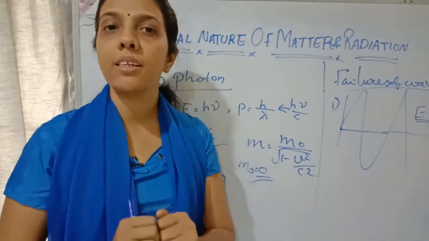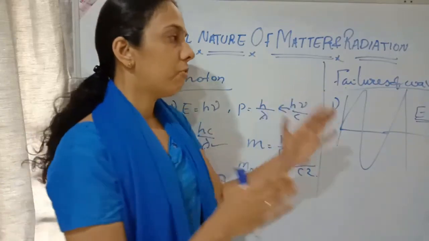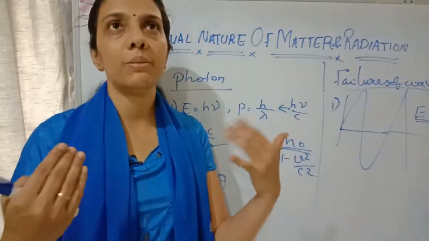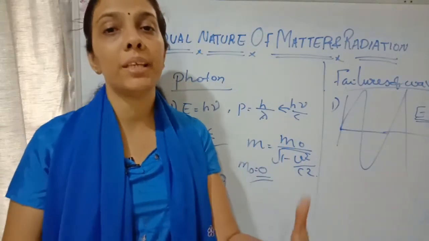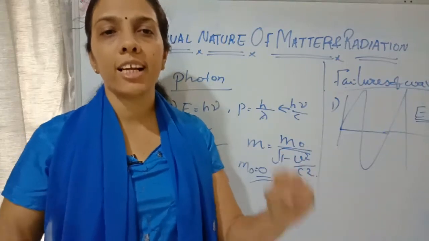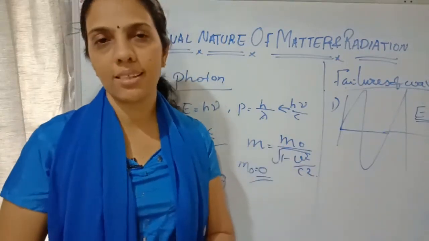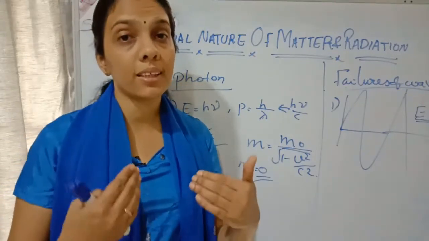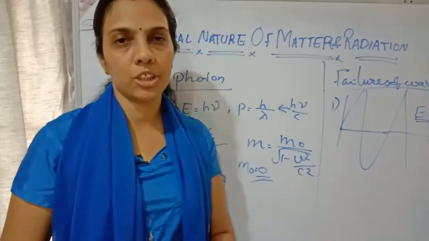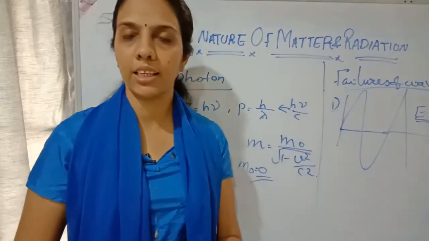And the third point is it's an instantaneous process as per experimental observation, but by wave theory the energy given to the metal surface will be absorbed throughout the metal surface first, and then the electron which gets more energy will come out from the metal surface. That's what happens in wave theory, which is also not true as per experimental observation. Clear, children? So these are the three failures of the wave theory of light.